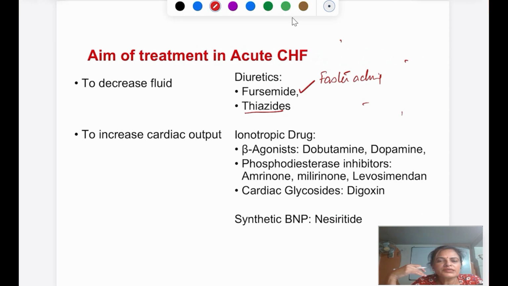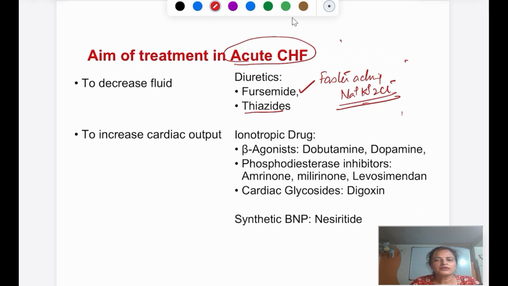And how is this furosemide going to act? It is going to act on the thick part of the ascending limb of loop of Henle, where it is going to inhibit the sodium potassium 2 chloride co-transport. So how is it going to give the relief in acute CHF? It is going to cause the diuresis.